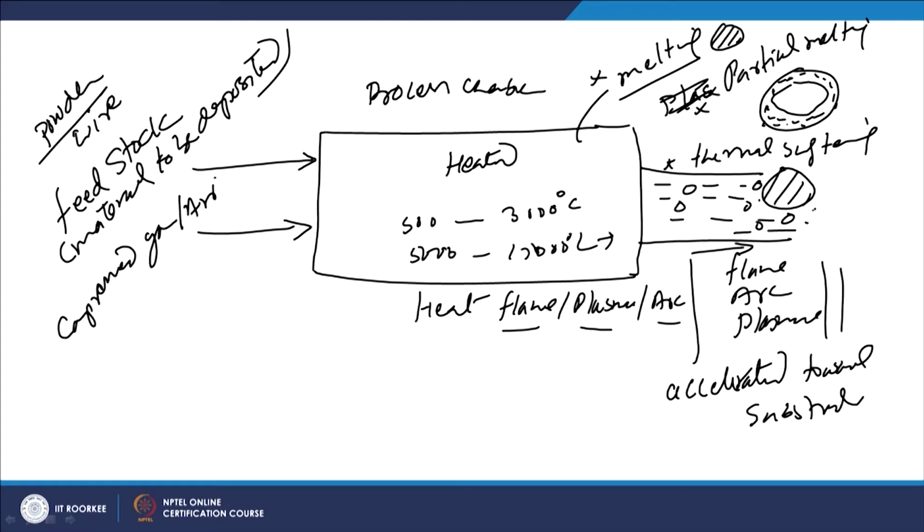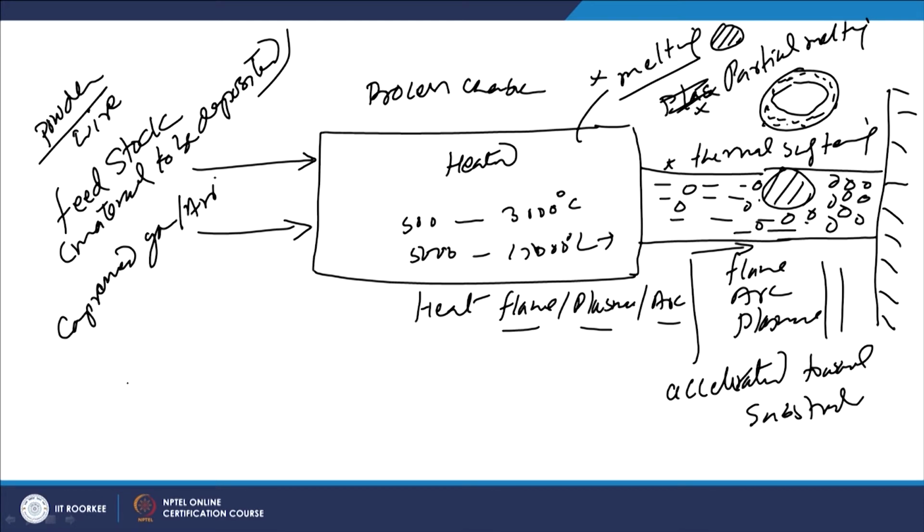So, these particles will be accelerated towards the substrate and they will impinge the substrate almost at 90 degrees. Impingement of these particles, either in molten condition, semi molten condition or in the thermally softened condition, will be with the surface of the substrate.